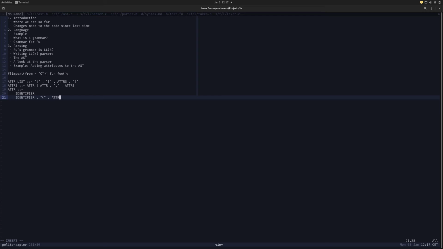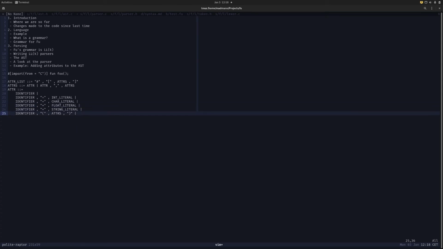And then inside of it, I can say there's another set of attributes, or it's identifier equals literal, like this, or I also allow string literals and floating point literals, why not?